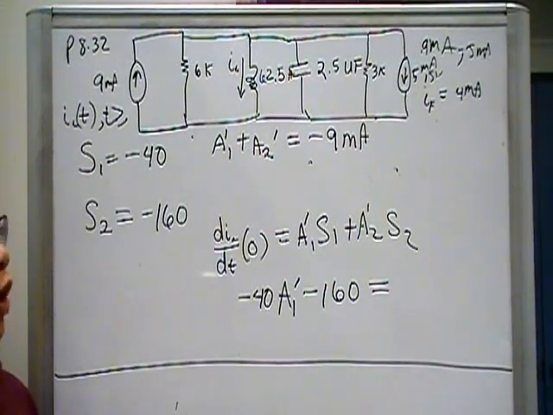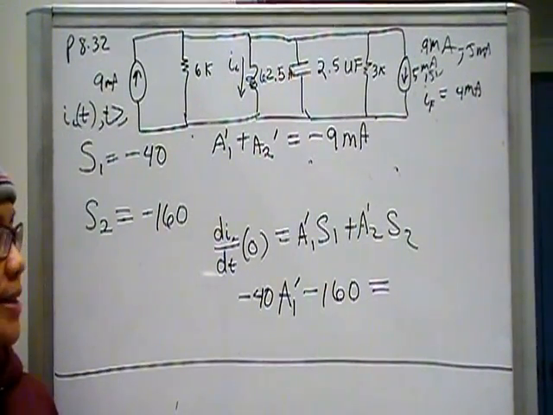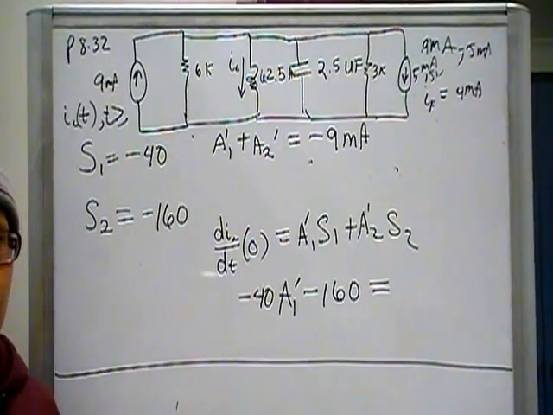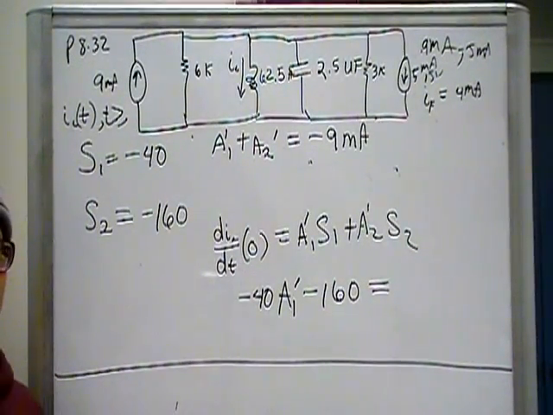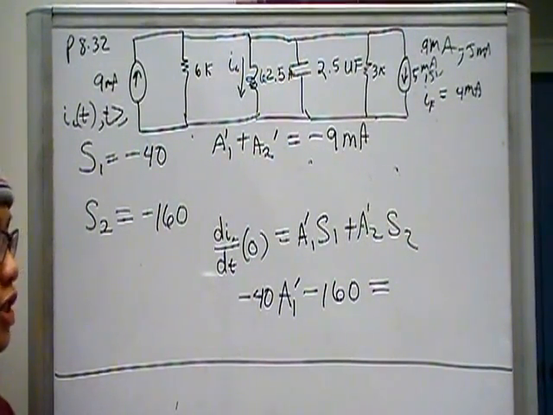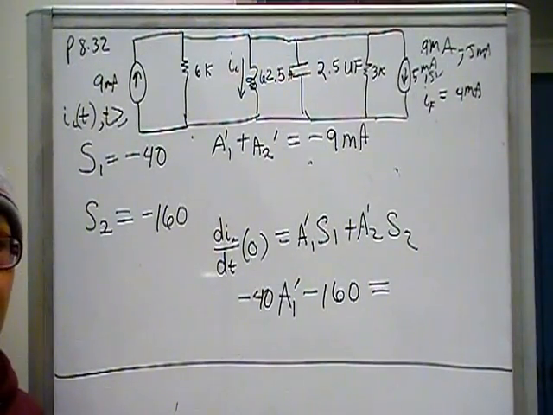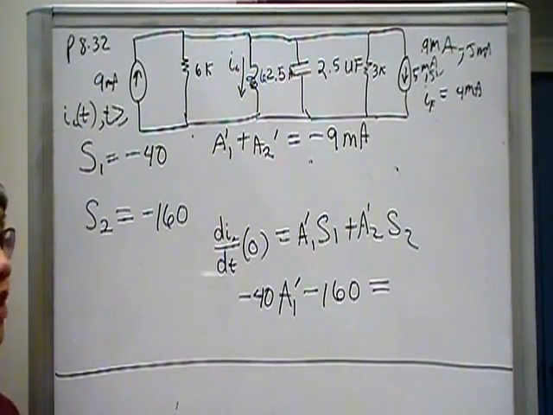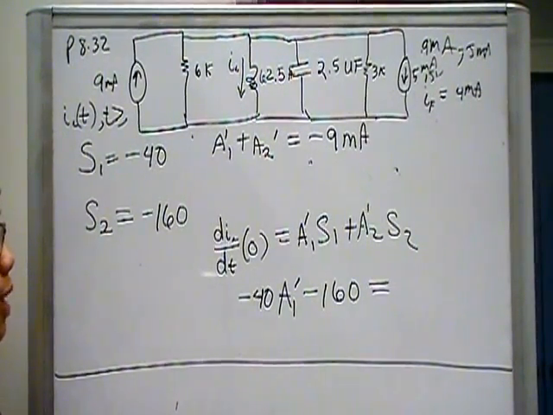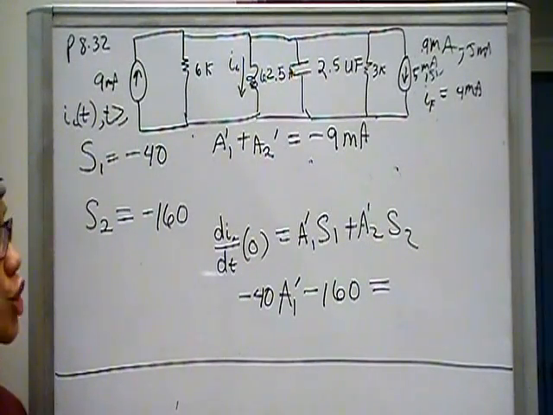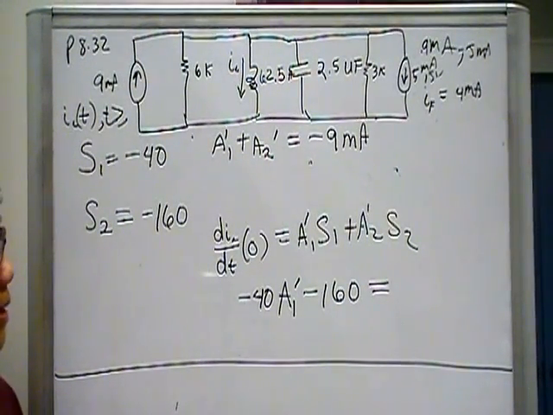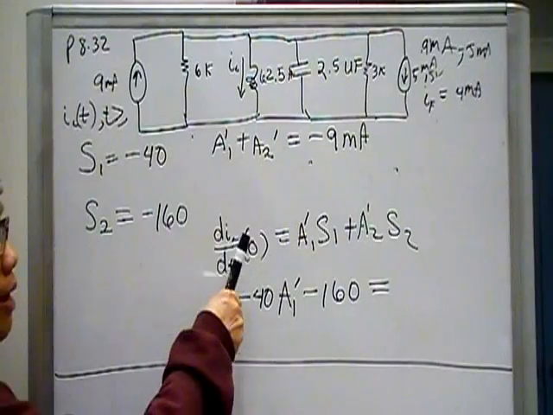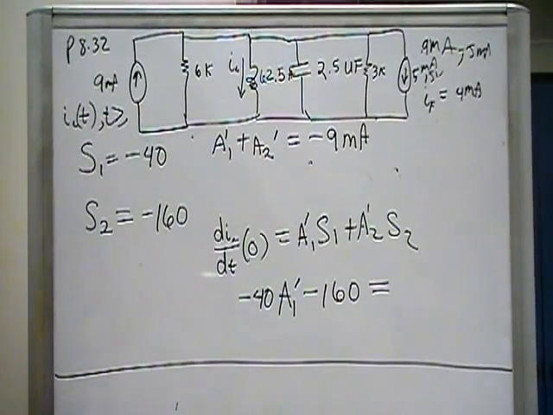But the property of the inductor is that it cannot change current instantaneously. It can change voltage, and does. It changes voltage wildly in order to maintain that constant current when the switching happens. So because the inductor cannot change current instantaneously when switching happens, the di/dt is 0.